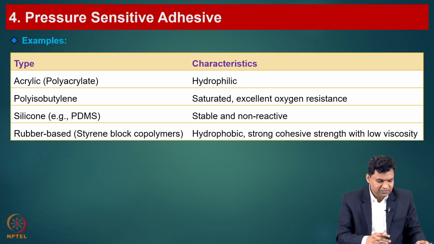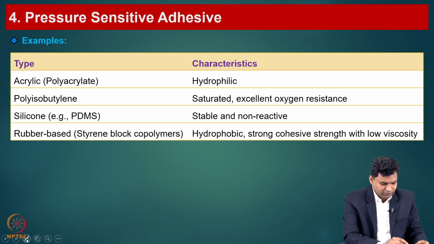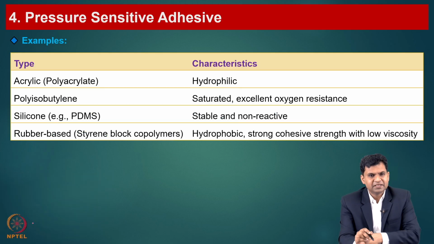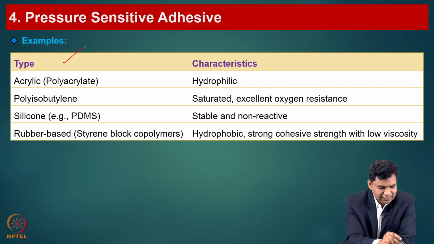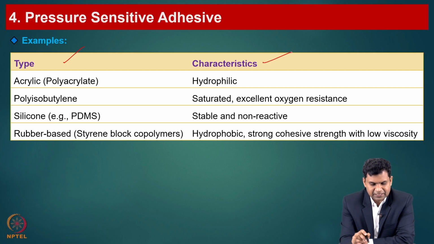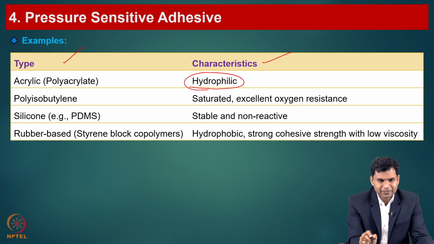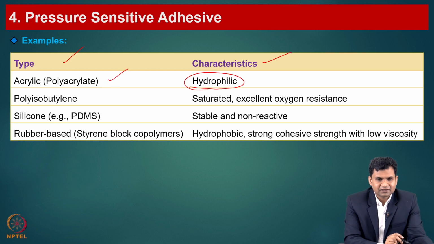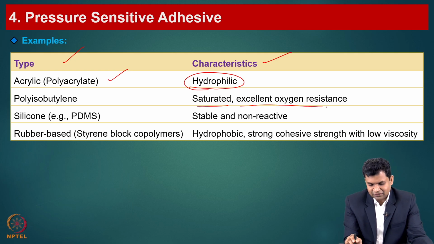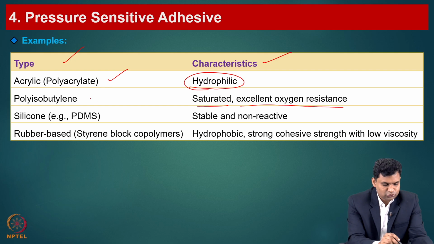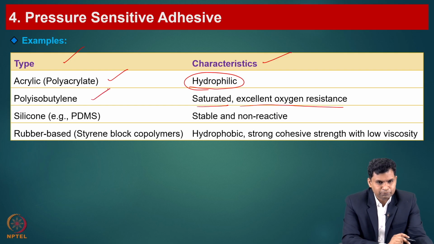So, these are some examples of PSA. Here you can see the type and the characteristic properties. If you are looking for hydrophilic properties, then you need to select polyacrylate or acrylic type materials. If you are looking for excellent oxygen resistance, then you should prefer polyisobutylene.